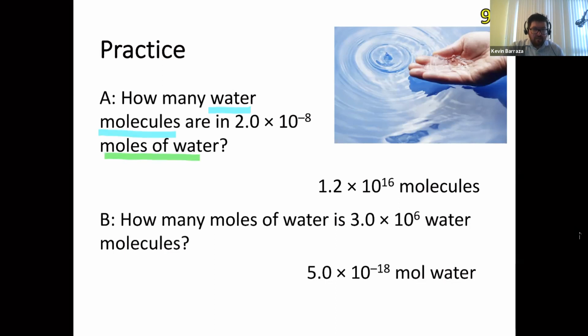And that's the weird thing about the moles, because it's the same thing happening here. The unit is water molecules on one side and then moles of water, which do not look identical to each other. But if we take a moment to reflect, it should make sense that water molecules are the tiny particles, and a mole of water is a group of those particles. And how much is in that group?